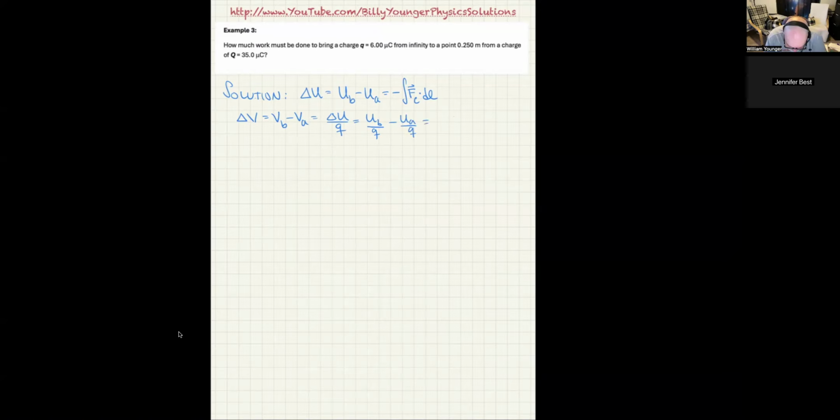So we can already see that UB over Q is VB and UA over Q is VA, but it's all equal to, if I divide that F by Q, I get the electric field. So it's all equal to the electric field of the conservative force dotted with dl.